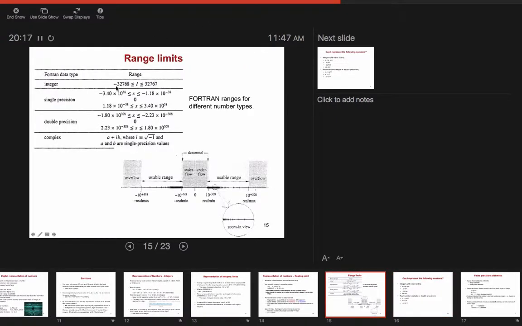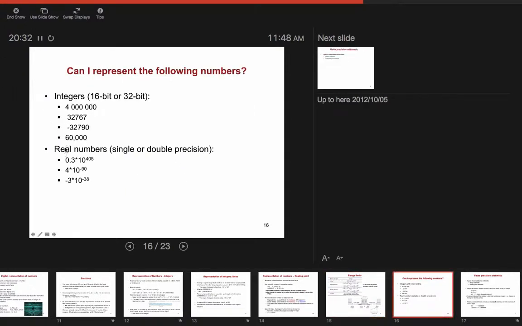If I have a 16-bit signed integer, I can't do it, it's below. However, if I have an unsigned integer that doesn't worry about signs, then I can do it because it's less than 65,000. And then 60,000: I can in both if they're unsigned, so they don't store the sign. If they store the sign, then I can't do 16-bit.